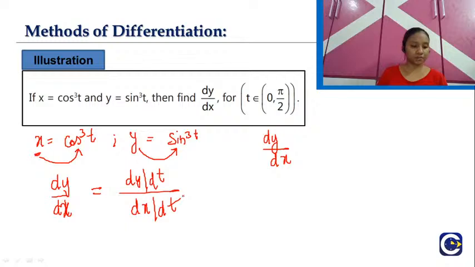So those who have done, please let me know the answer. Yeah, Siddharth has given the answer minus tan t. Okay, Shyam also given the answer minus tan t, correct? So you have simply applied the formula and done your normal differentiation of the given function x in terms of t as well as the given function y in terms of t.